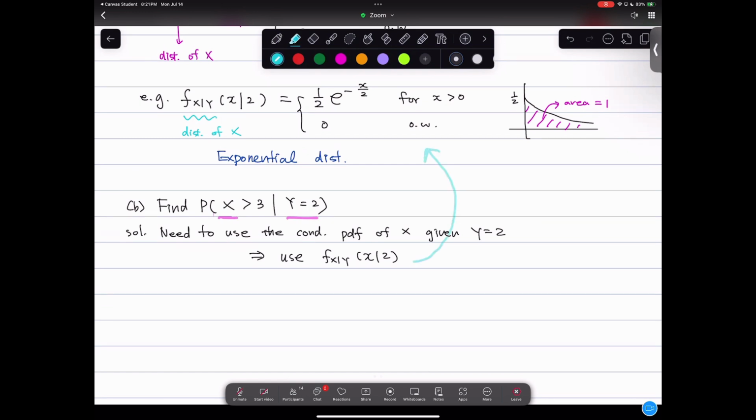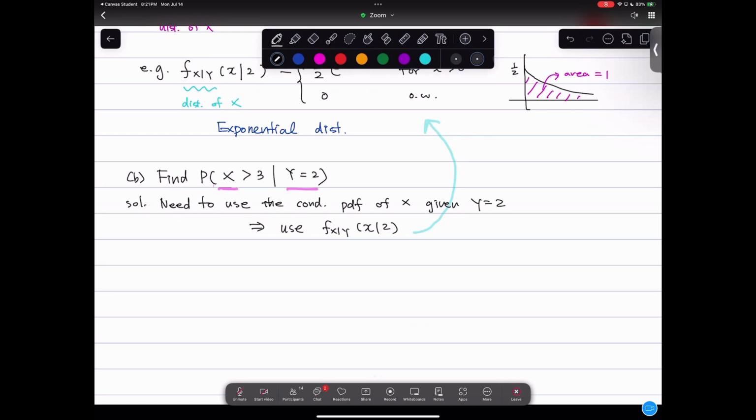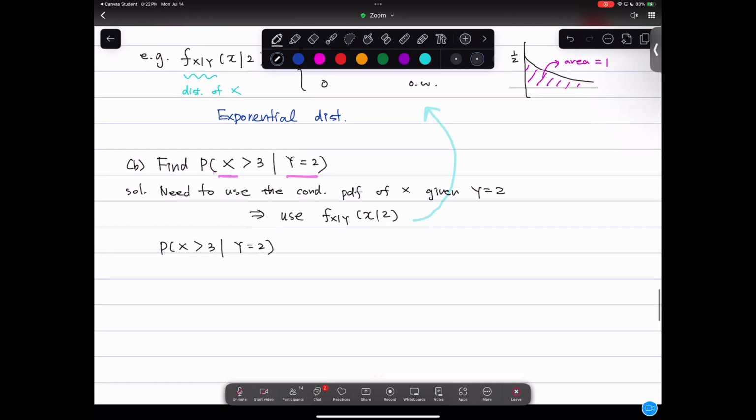So that's what it is. So let's get the probability of x greater than 3 given y equals 2. That conditional PDF, I saw the density function already. It looks like this. This is my x. So this is f of x given y value fixed at 2.